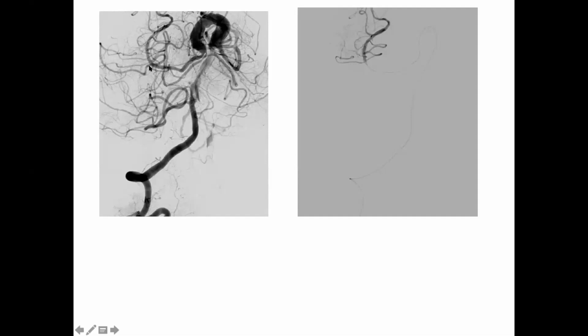This is a magnification. I decide to put the catheter in the posterior cerebral artery to deploy 1, 2 or more stents. In this case a flow diverter is not used because the size of the distal artery is too small and the proximal basilar artery is normal, 3.5 millimeters.